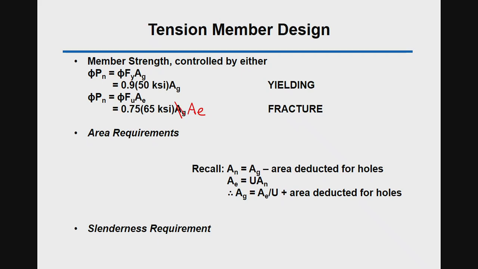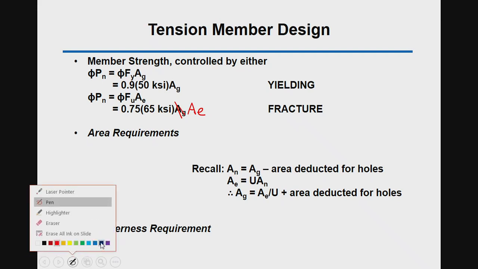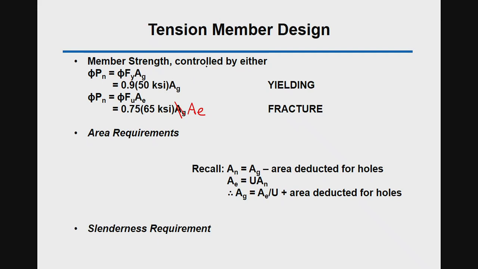So we have to size the tension member first, right? Recall that, based on yielding, the required AG equals PU, because this number has to be greater than PU.